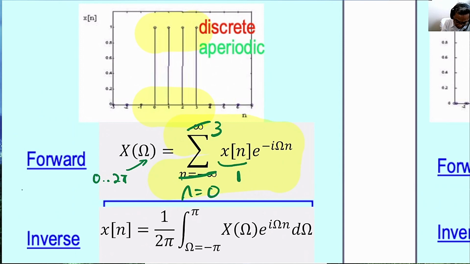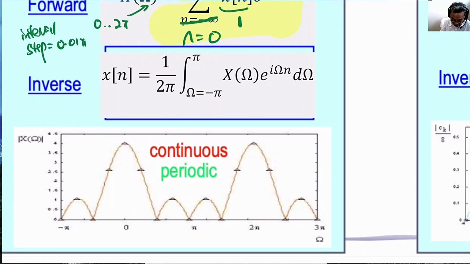Maybe the interval you are interested in is, for example, a small step equal to 0.01 pi. Then for every step you substitute omega into here and you generate the value. What you will get from 0 to pi, 2 pi, this is the omega, you'll get some values. And depending on how fine it is, you can draw this shape.